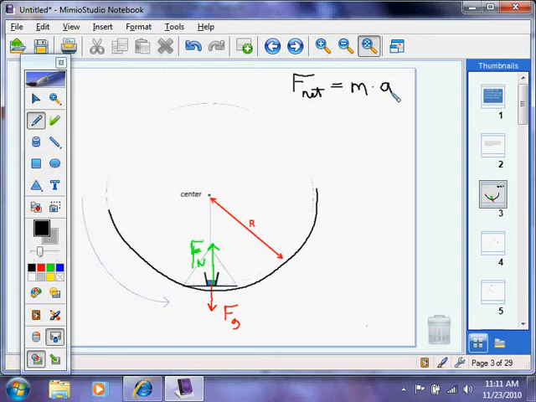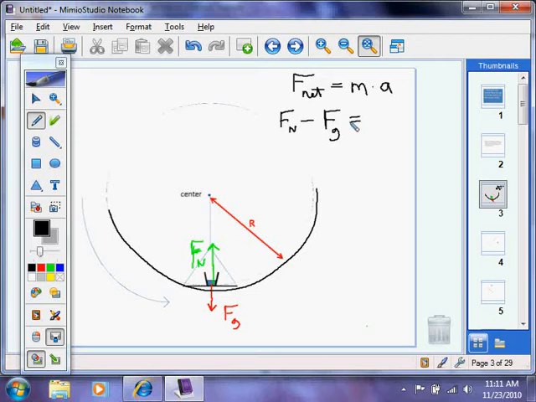So the overall net force of that glass right there is going to be the resultant of the forces acting on it. And if the bigger one's going up and the smaller one's going down, it's the bigger one up minus the smaller one down. So I'm just applying law number 2 from Newton.